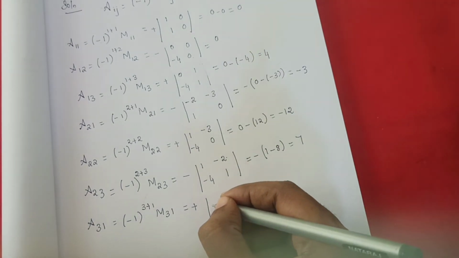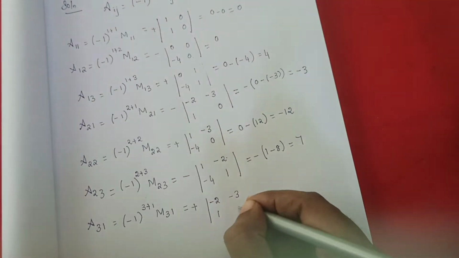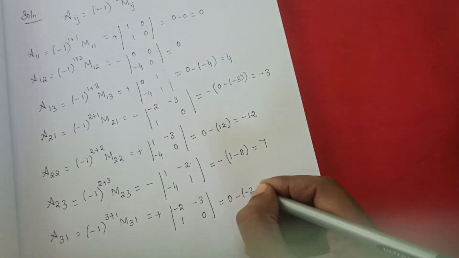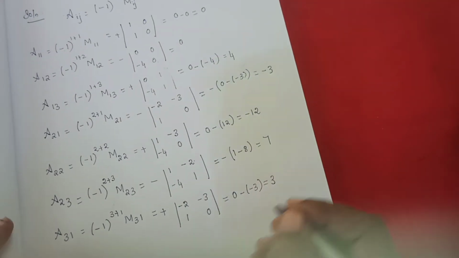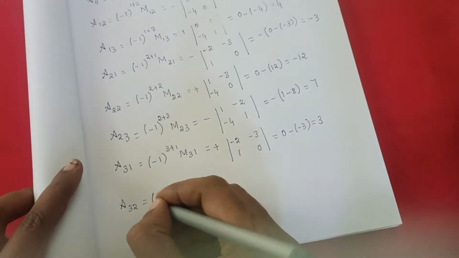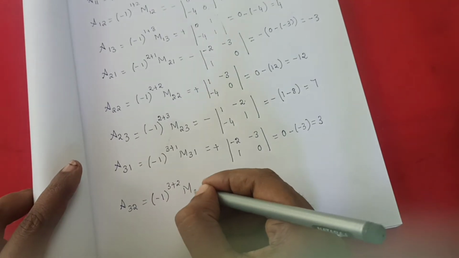For A31, minus 2 minus 3 1 0. That's equal to 0 minus of minus 3. That's equal to plus 3. Okay. Then next, A32, minus 1 to the power 3 plus 2, M32.